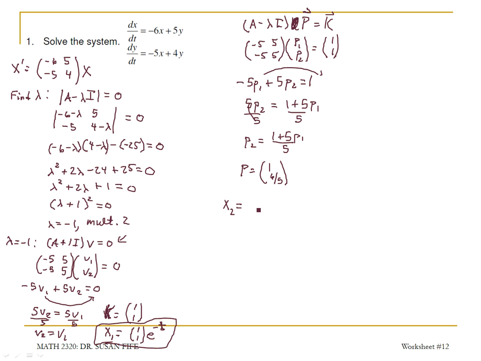So I'm going to get my previous solution, which is here, x1, 1, 1, but multiplied by t, t e to the negative t, plus, and then I get 1, 6/5, e to the negative t.